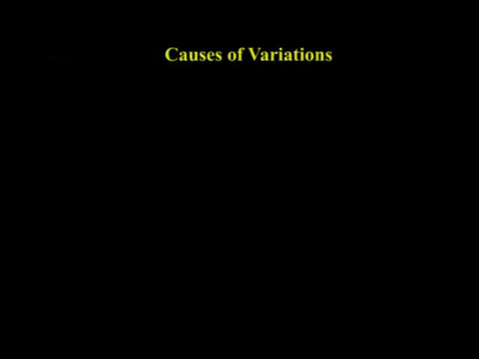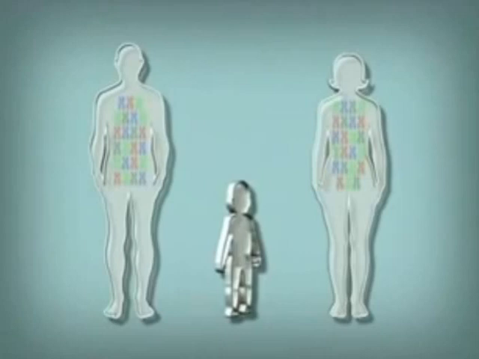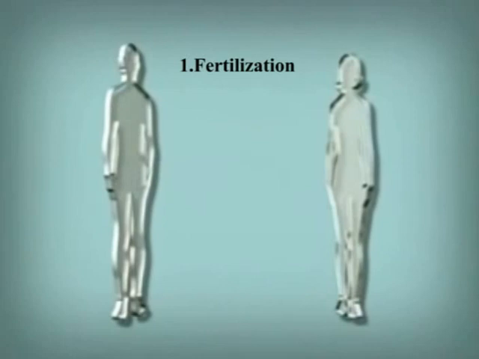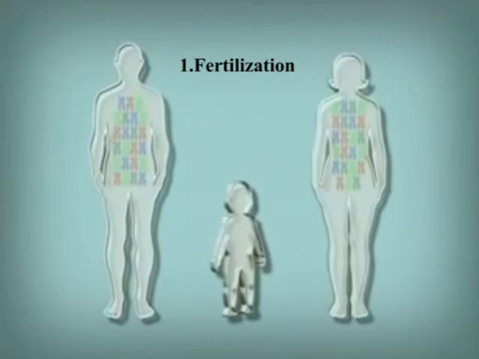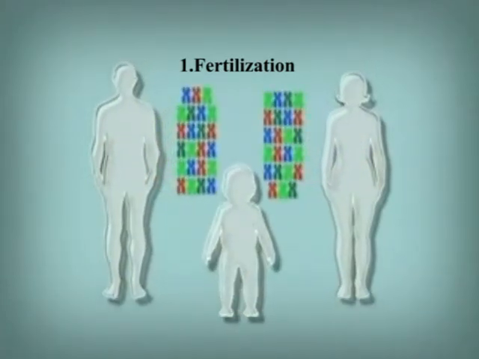So exactly what causes these variations? Variations between children and their parents occur due to fertilization or when sperms and eggs fuse. Remember, sperms and eggs contain half the number of chromosomes. So after fertilization, the complete number of chromosomes is restored and the child gets half of its chromosomes from the mother and the other half from the father.